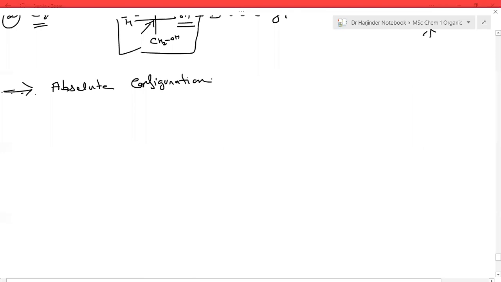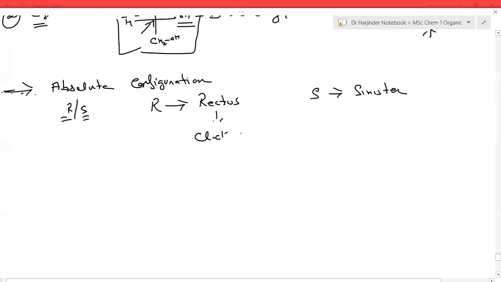In absolute configuration, it is given by capital R and capital S, where capital R means rectus and capital S means sinister. In other words, this means clockwise, this means anti-clockwise.